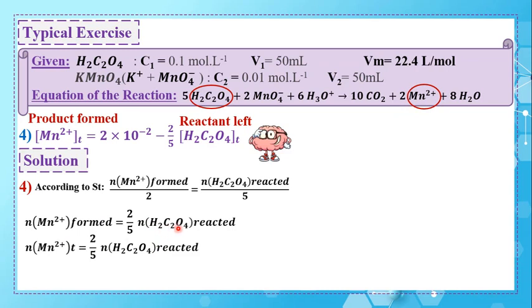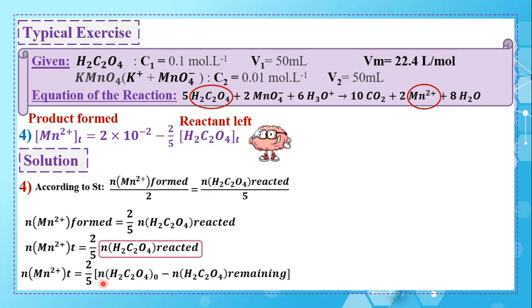And H2C2O4 reacted, I have to replace it. How? By writing, instead of N, number of mole of H2C2O4 reacted, which is equal to the initial number of mole of H2C2O4 minus the number of mole of H2C2O4 remaining or left.